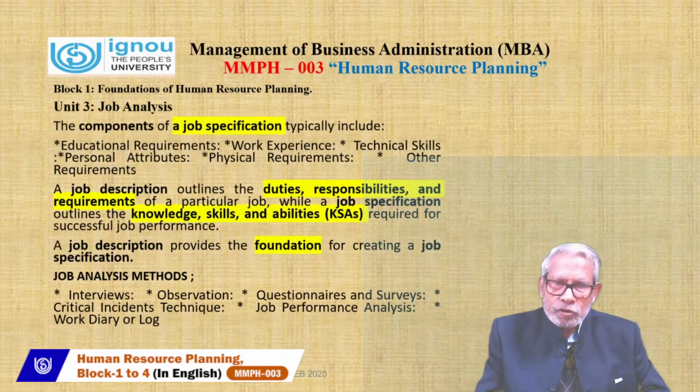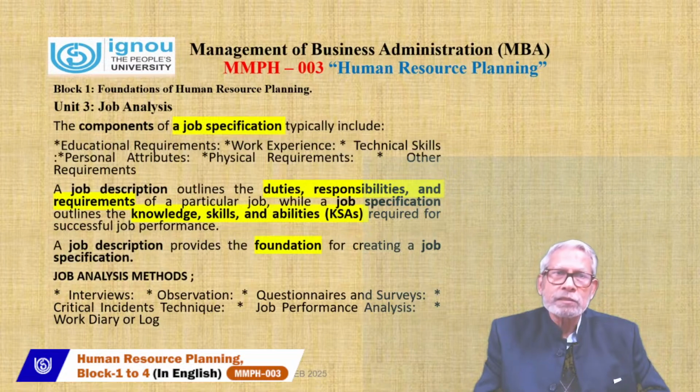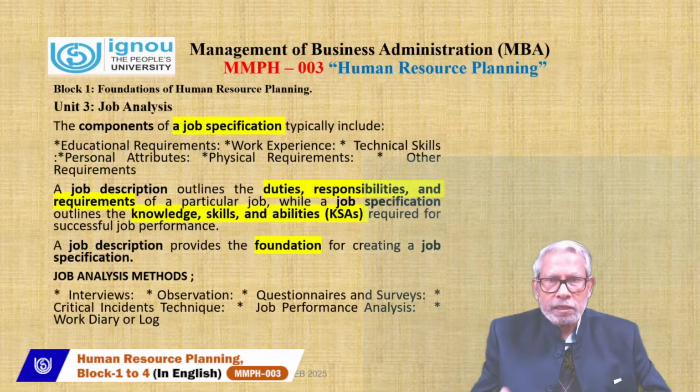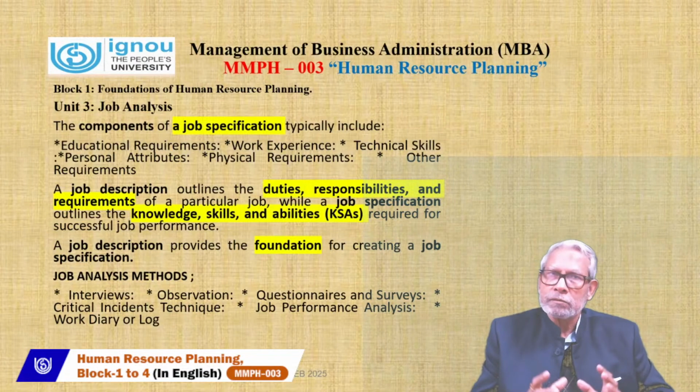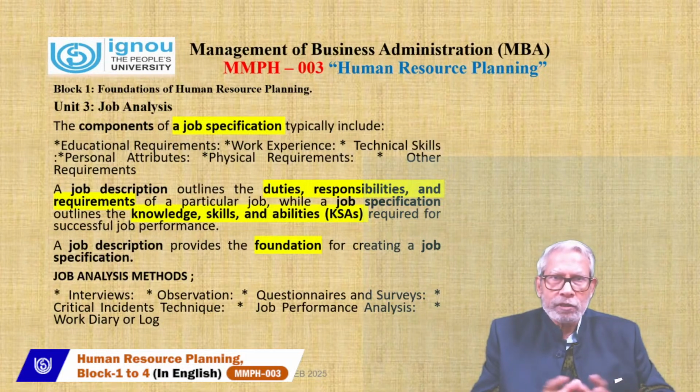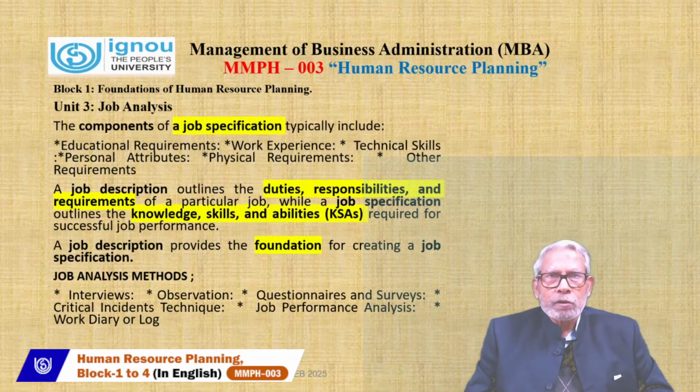These components are educational requirements, what type of qualification is required, then work experience, technical skills, personal attributes, physical requirements, and other requirements. These all depend on a case-to-case basis, what type of job it is. So these are all the components. The job descriptions, what are the things?